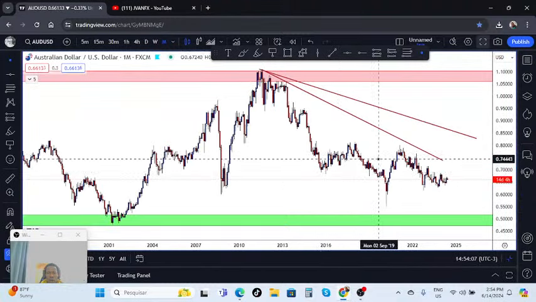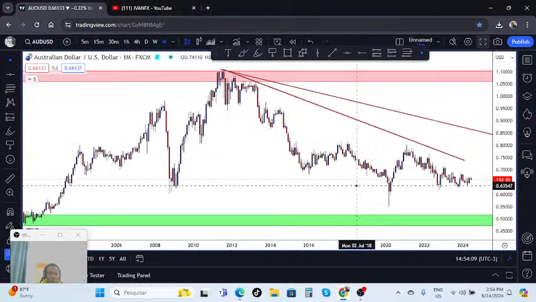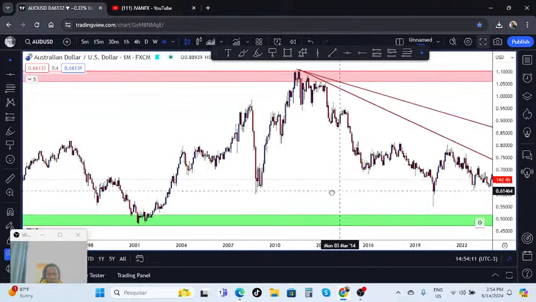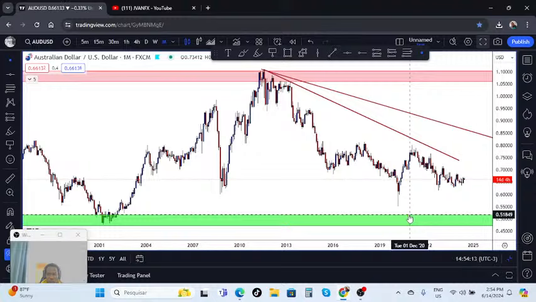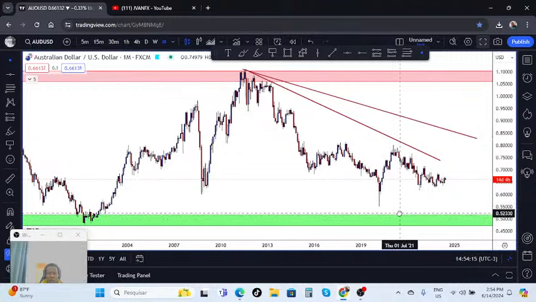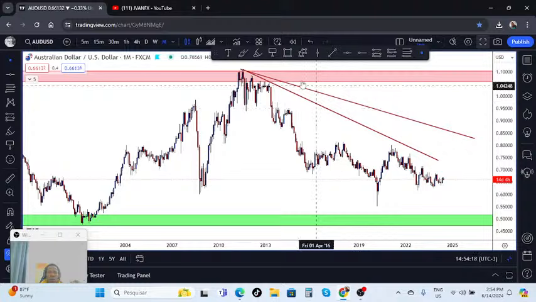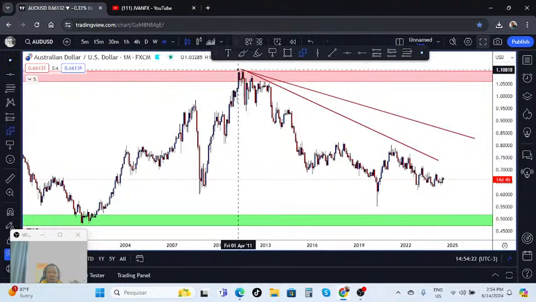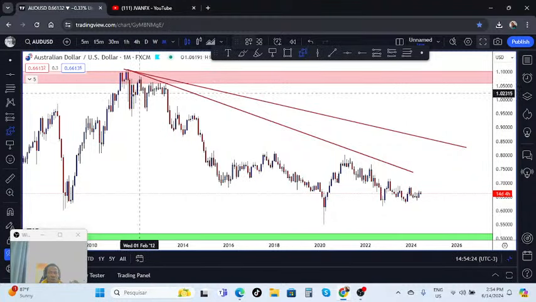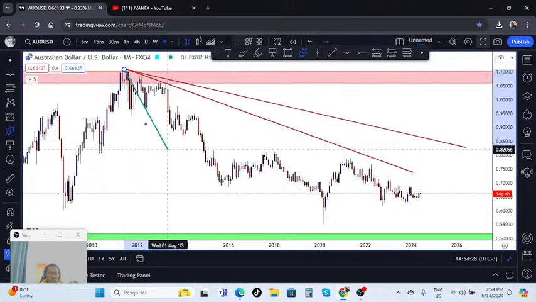Long term, in my own humble opinion, I'm still expecting price to come down to touch this level right here. So for market structure right here, we have support from the monthly band, and this is an extension.